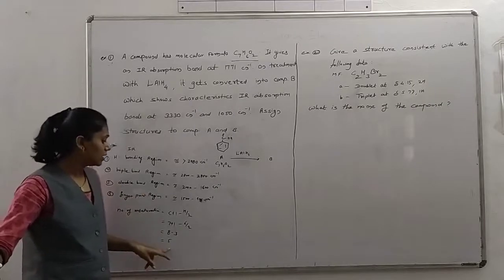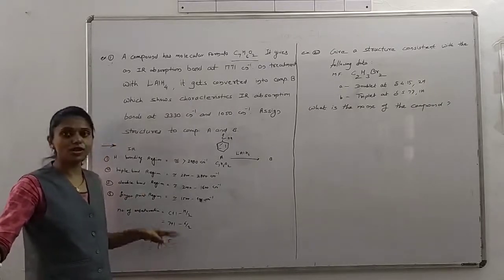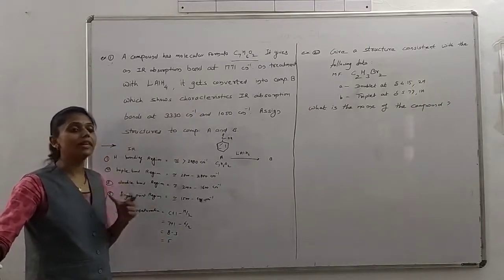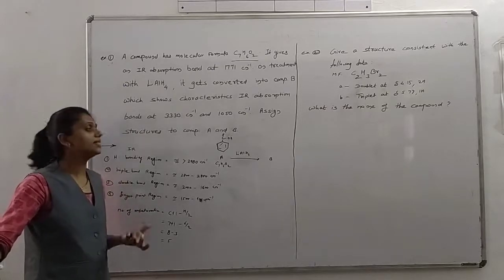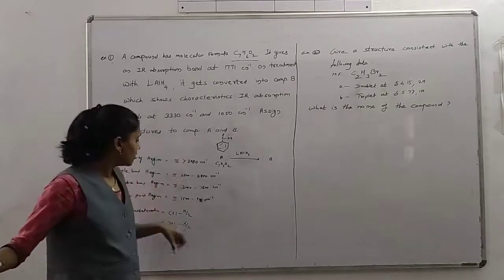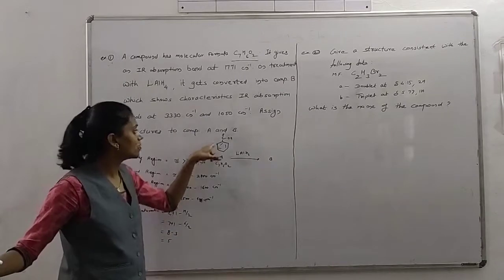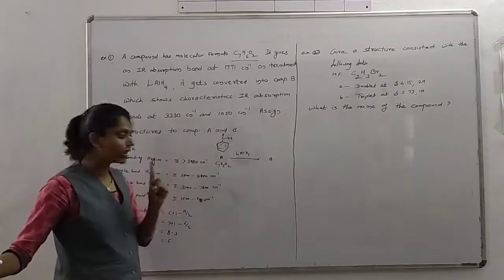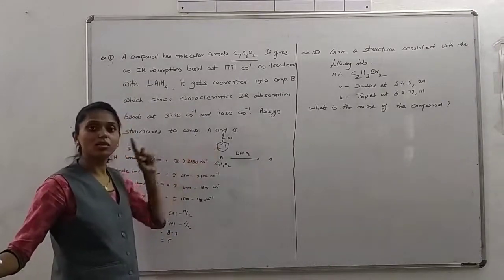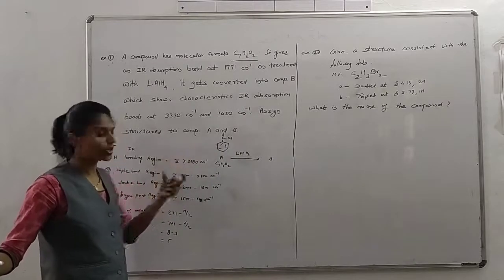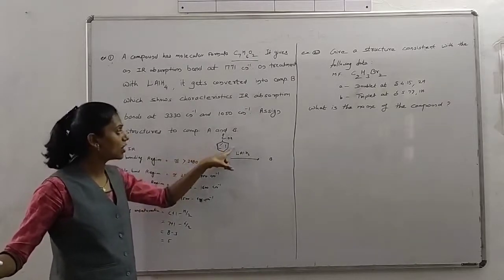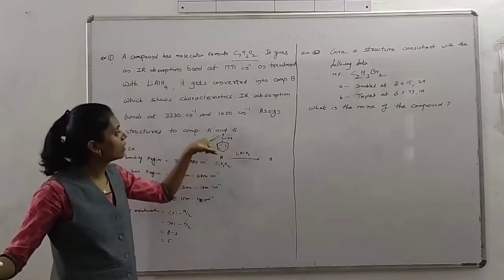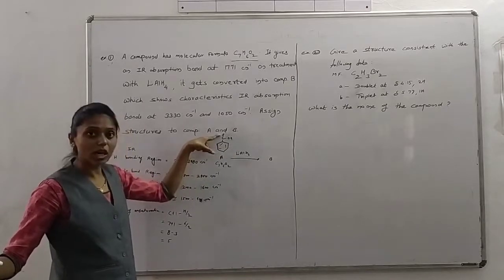Since there are 5 unsaturations, we always try for the benzene ring. In the benzene ring there is 1 unsaturation for the cyclic ring and 3 for the double bonds. That means a total of 4 unsaturations here, and 1 unsaturation for the carbonyl group.